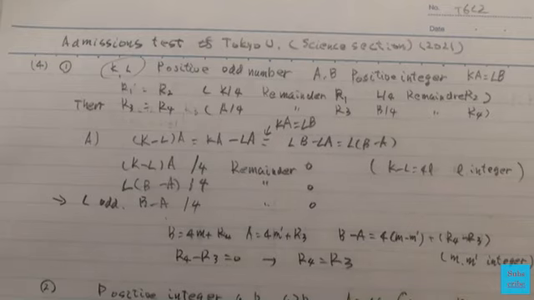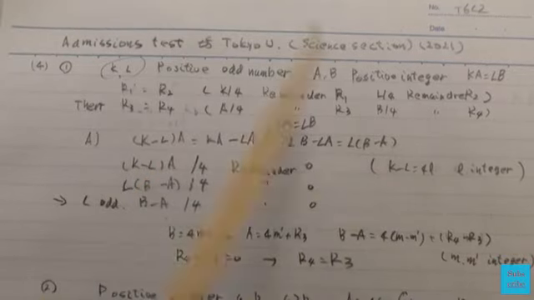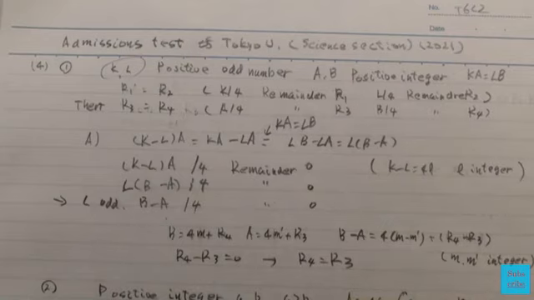Okay, and then L times (B minus A) divided by 4 has remainder 0.